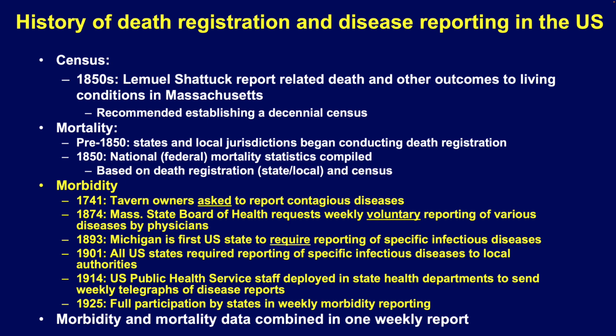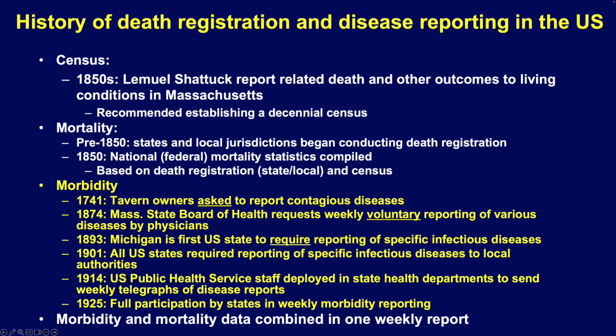So how did morbidity monitoring come about and evolve in the US? Well, as early as 1741, one strategy to track illness was to ask local tavern owners to report when their regular patrons had a contagious illness or a contagious disease to local health authorities.